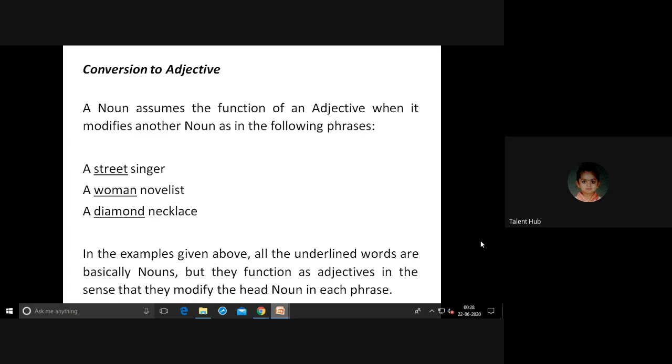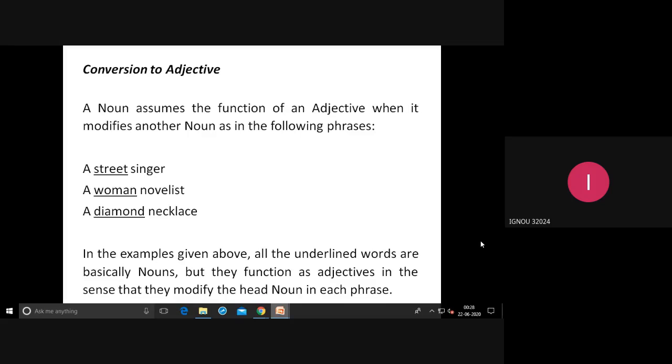Excuse me, sir. Is it possible that a word can be... Jamshed? Hello, Jamshed, are you there?